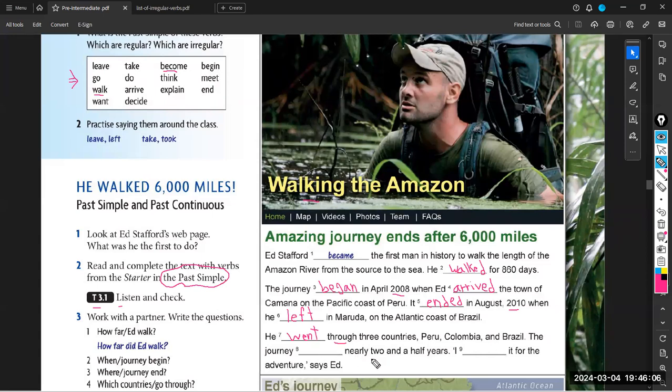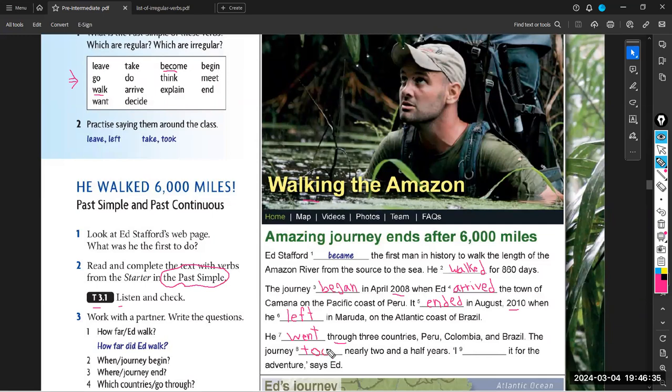The journey nearly 2.5 years. The journey took 2 years.